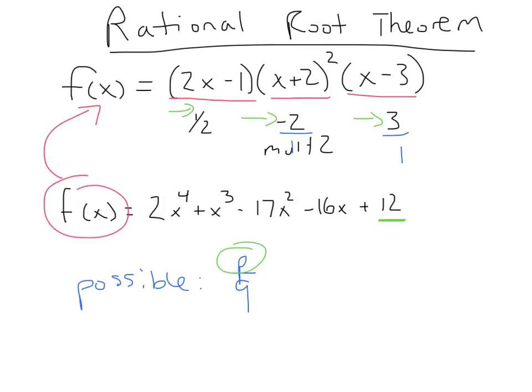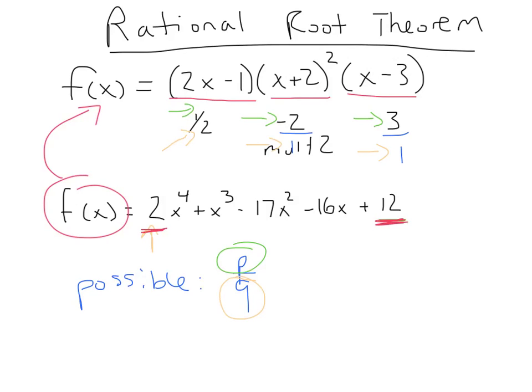And the theorem tells us that every q divides the leading coefficient, right? 2 divides 2, 1 divides 2, and 1 again divides 2. So every possible rational root of a polynomial is going to be a fraction p over q, where p divides the constant term and q divides the leading coefficient.